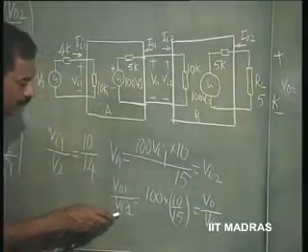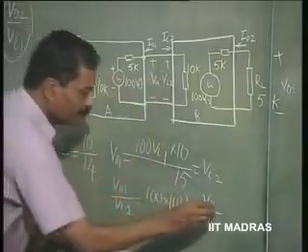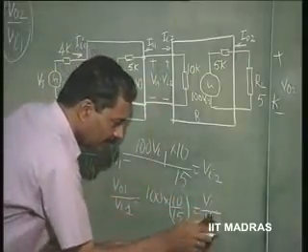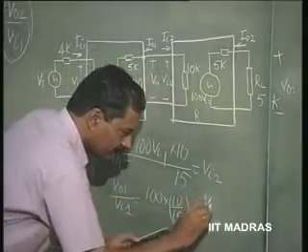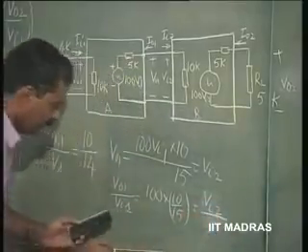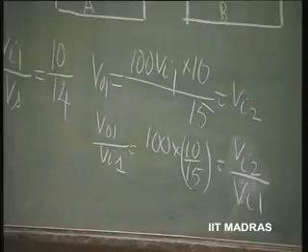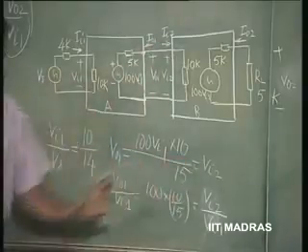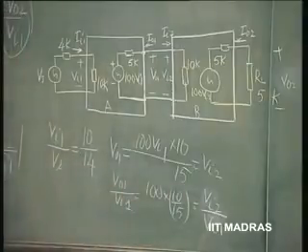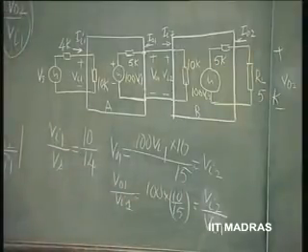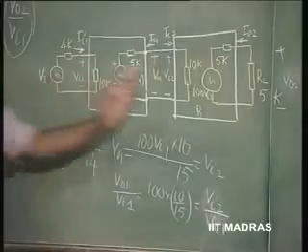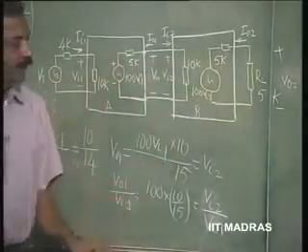V naught 1 by V I 1, and V naught 1 is the same as V I 2, divided by V I 1. V naught 1 is the same as V I 2. Now, coming to this stage, 100 times V I 2 comes here.